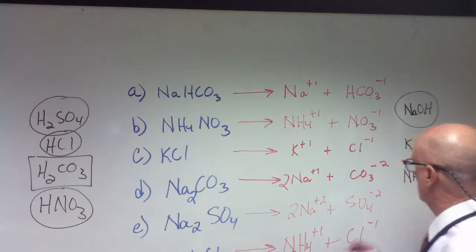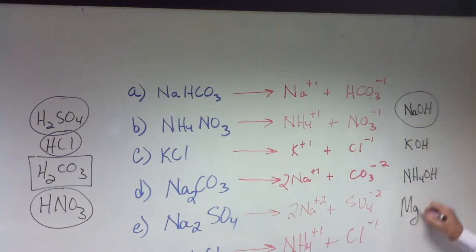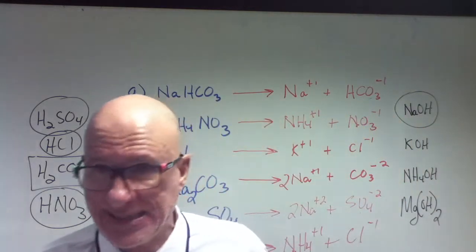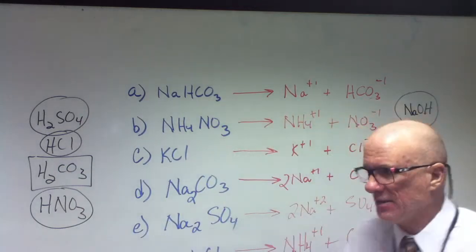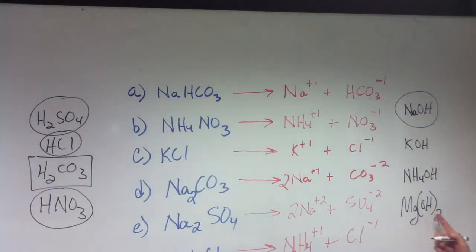What about this? Magnesium hydroxide. Is that a strong base? No. Why do I know that? I know that because the solubility rules say that it doesn't dissolve completely. That's the answer to a part of your question.